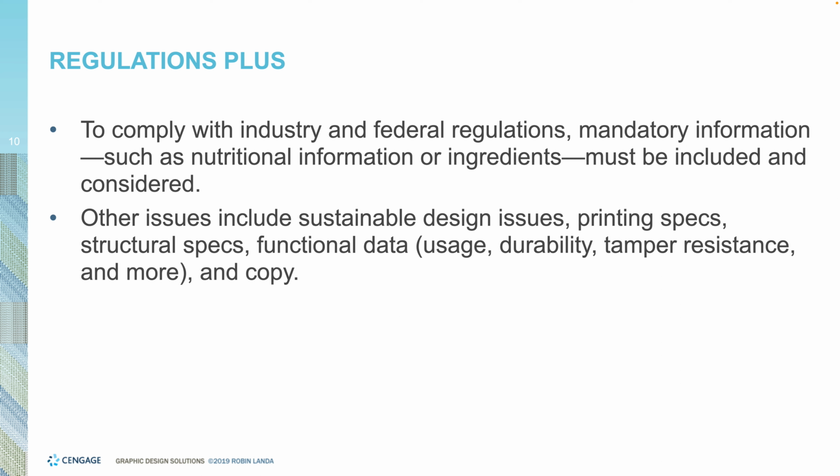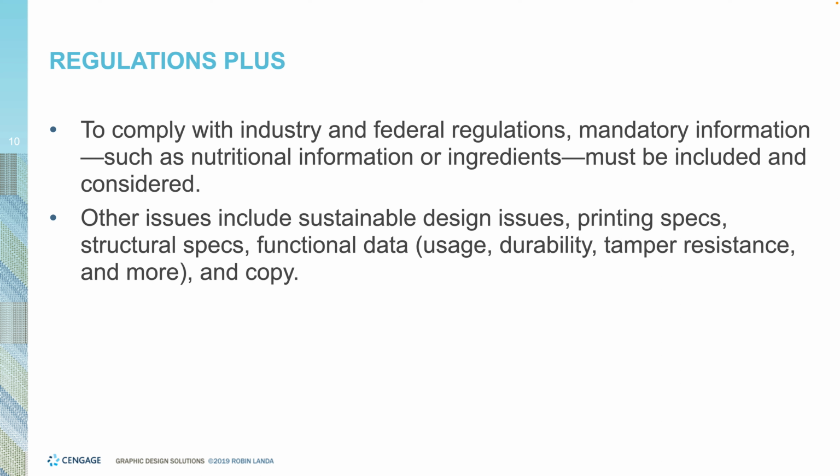So the federal regulations: what mandatory information has to be on there? Your nutritional information, that whole breakdown, and the ingredients inside. They have to be included. So as you start to think about what am I designing, what's the size of this package, that's also part of the reason why, when we look at certain variations in the packaging, you go, wow, we could cut the size of this packaging and the materials required by 60% if we changed the size.